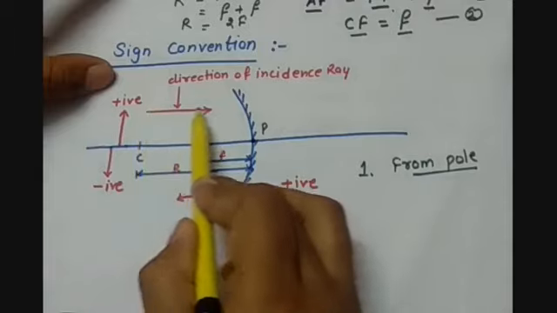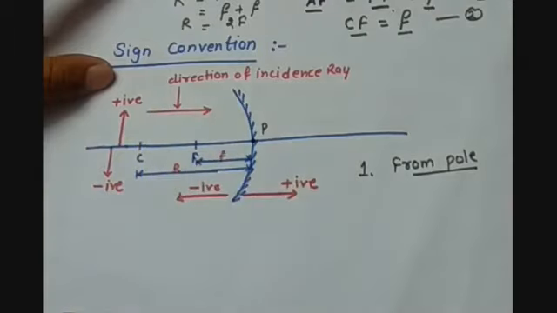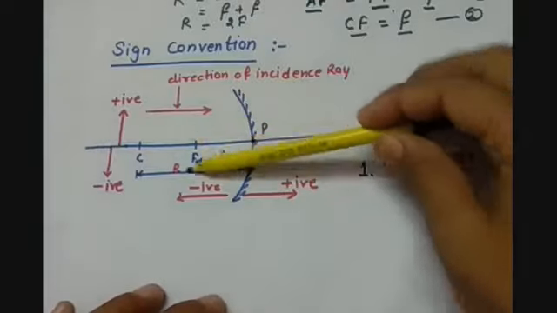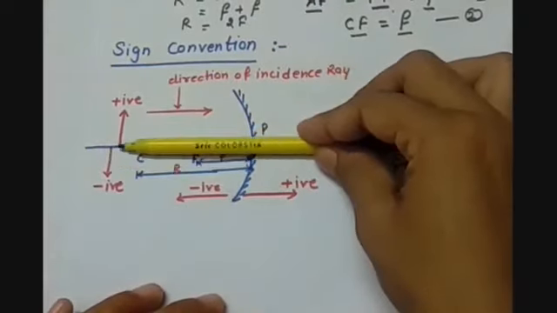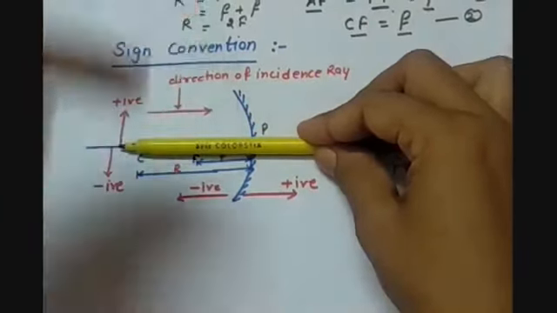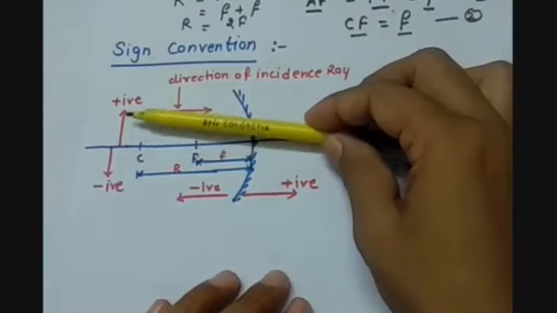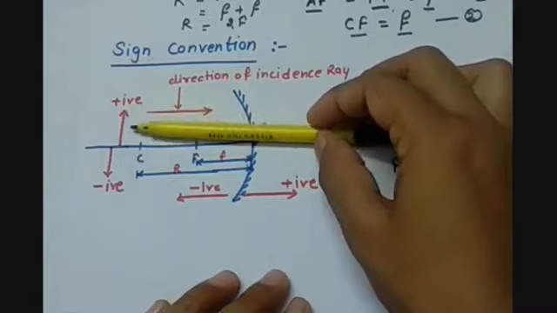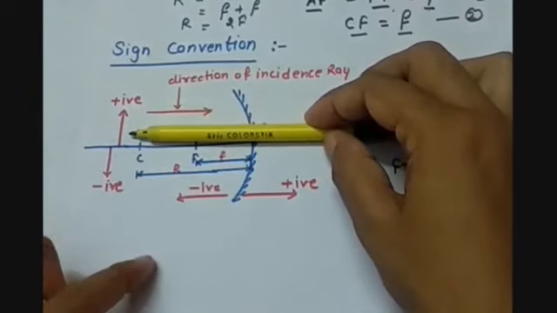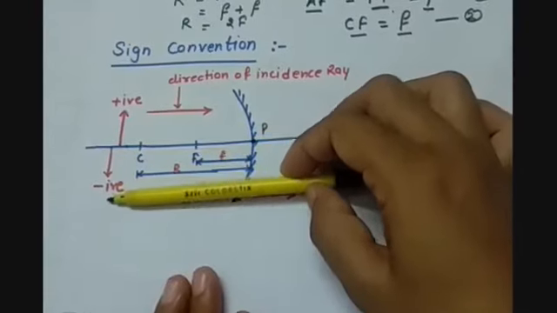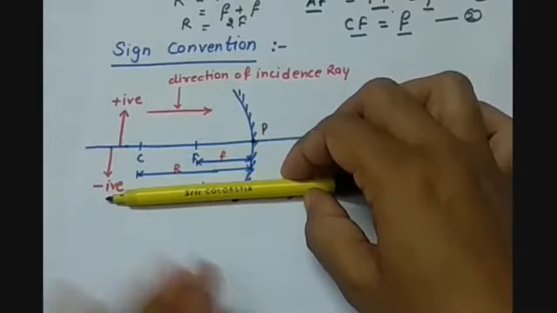So if this is the direction of the incident light, then all the heights above this principal axis, either in front of the mirror or behind the mirror, will be taken as positive values. All the depths in front of the mirror or behind the mirror will be taken as negative values.